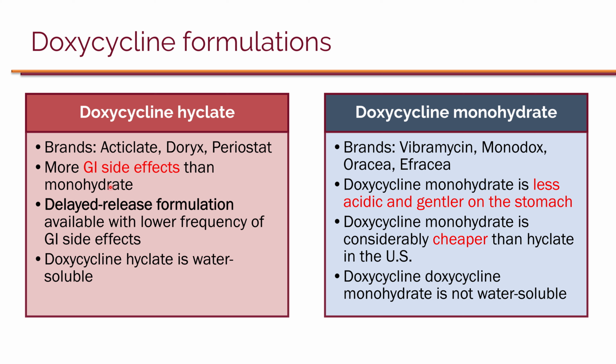Hyclate has more side effects, and there is a delayed release formulation that actually can lower the frequency of these side effects. And monohydrate is less acidic and gentler on the stomach. And more importantly, doxycycline monohydrate is the cheaper option. So therefore, you're probably more likely to see doxycycline monohydrate used in practice.